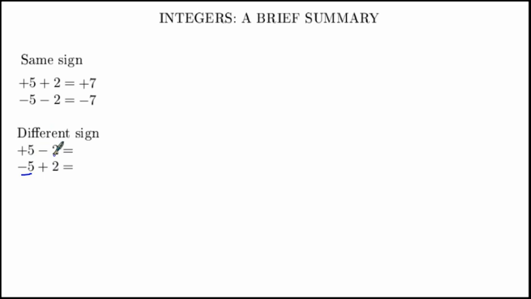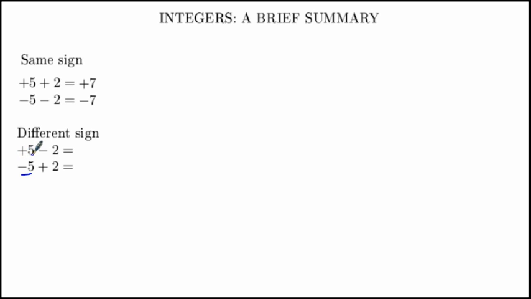Now we have to do 5 minus 2 if they have different signs, and the sign for the result is the sign of the maximum number.